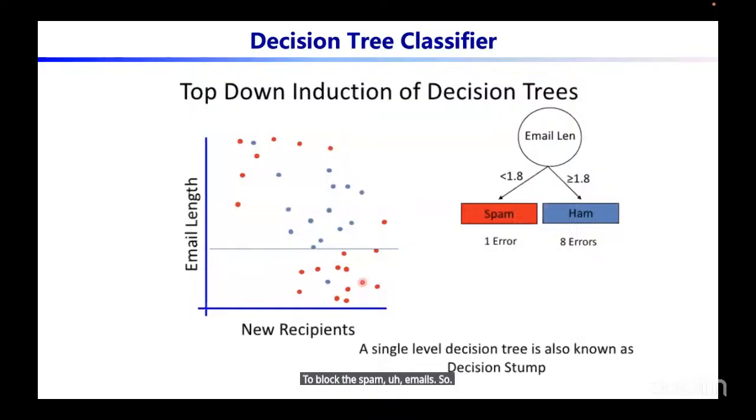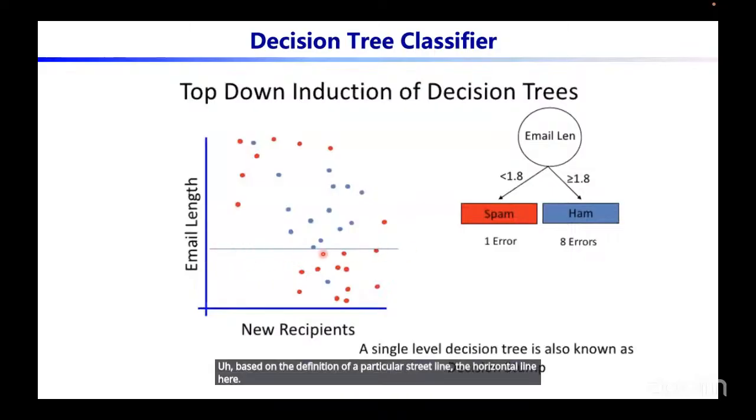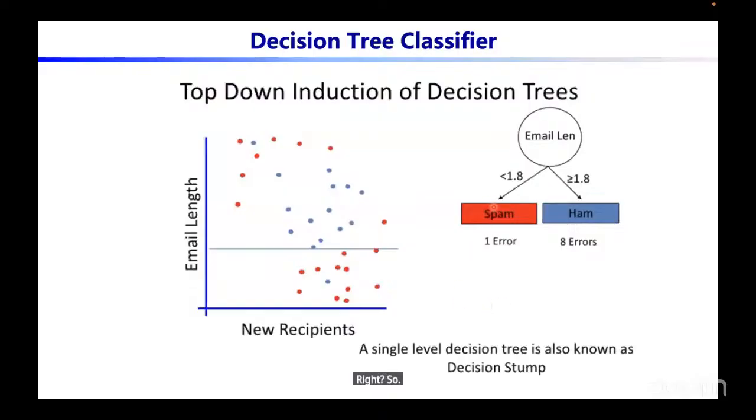So we can see that we could somehow separate or pick out many red dots based on the definition of a particular straight line, the horizontal line here, right? In other words, we have this kind of decision tree.